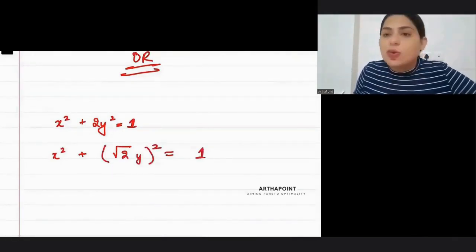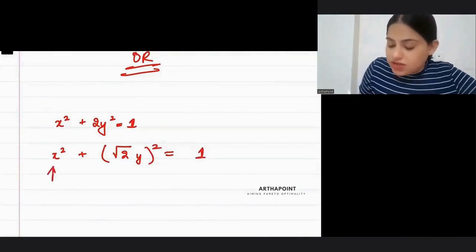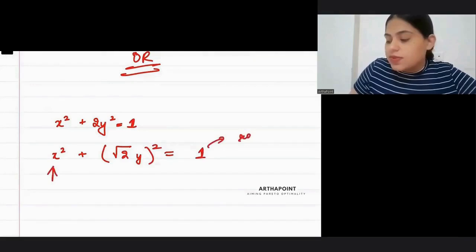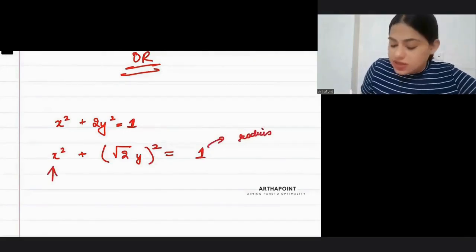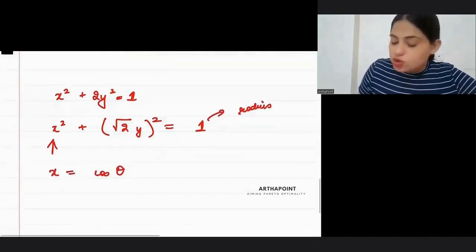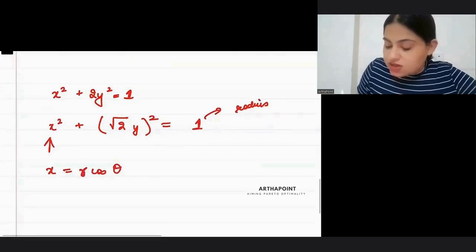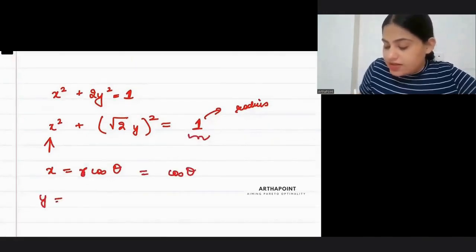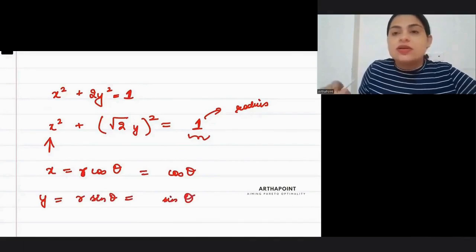But this is like an equation of a circle, so of radius 1. So that means x will be cos theta. Usually x is r cos theta, but the radius is 1, so it will be cos theta. And beta, y is r sin theta. The radius is 1, so it will be sin theta.